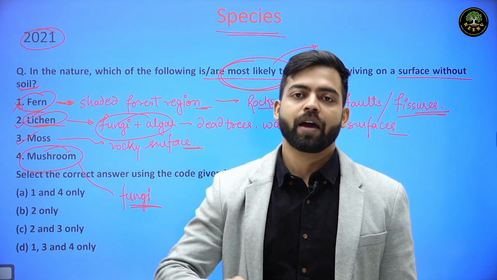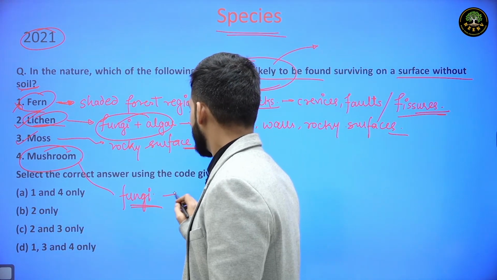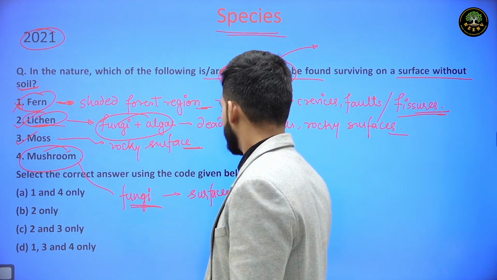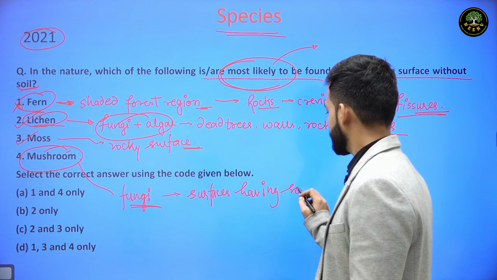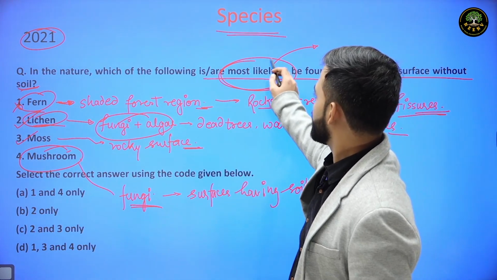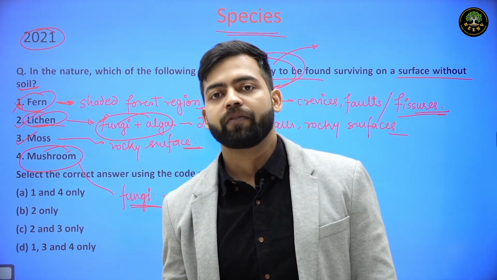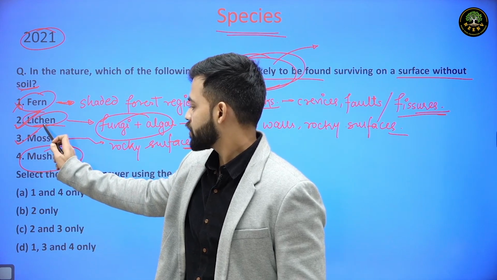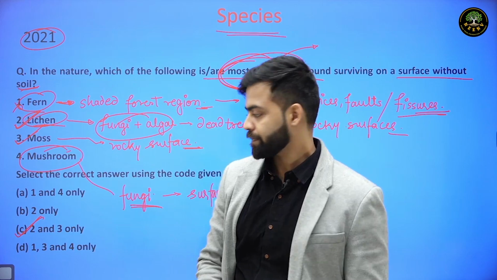But the best environment where mushrooms can grow is surfaces having soil. So if we see the options, and most likely where they can be found, the environment where they can be found without having soil are lichens and mosses. So answer for this question will be C, 2 and 3.